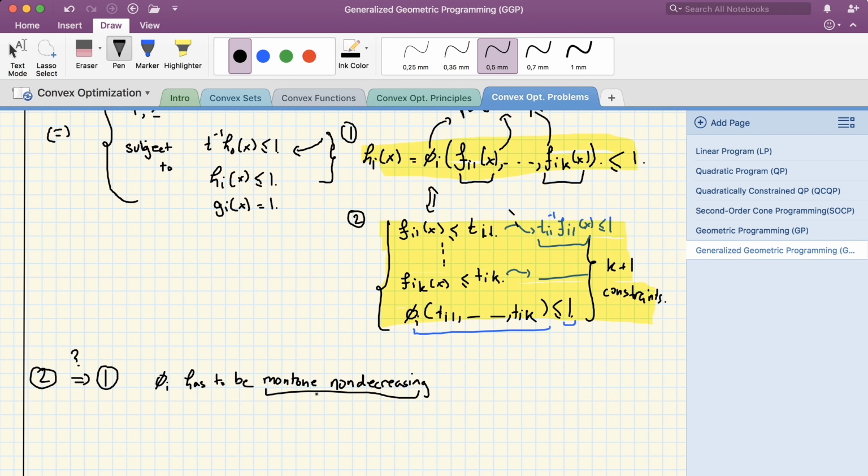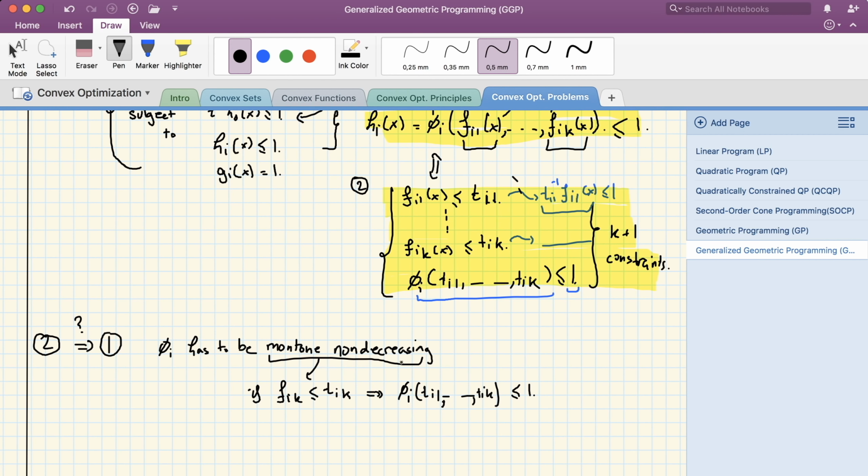This implies that if all my f_ik's are less than the t_ik's, this will give me that phi_i(t_i1, down to t_ik) is simply less than 1. We just use the fact that phi_i's are monotone, non-decreasing.